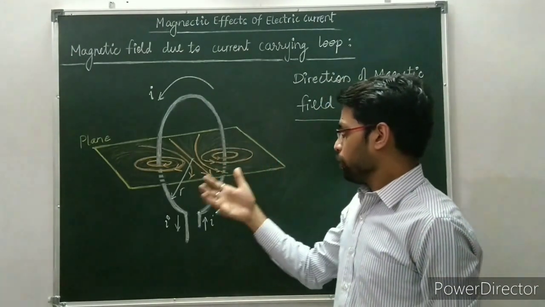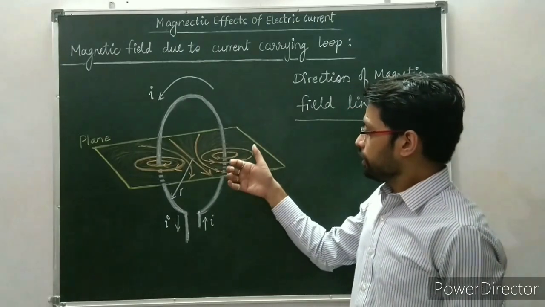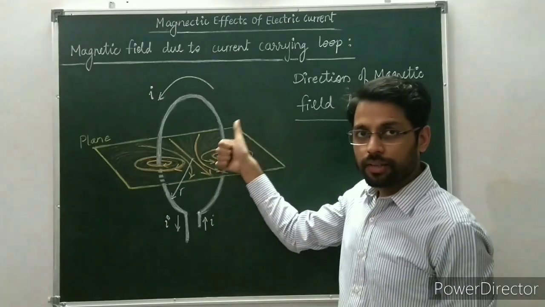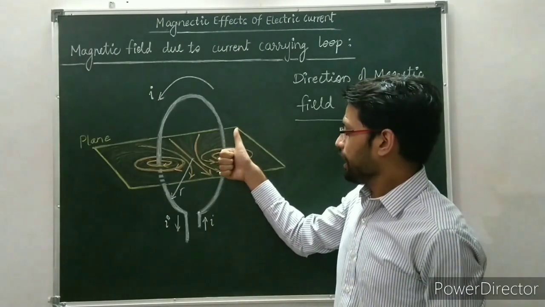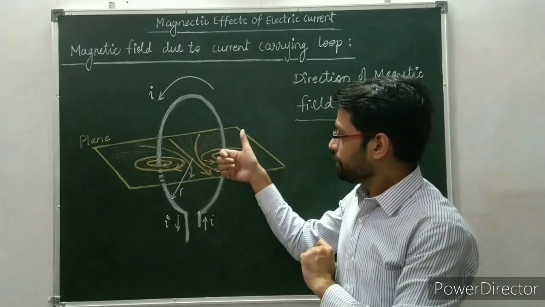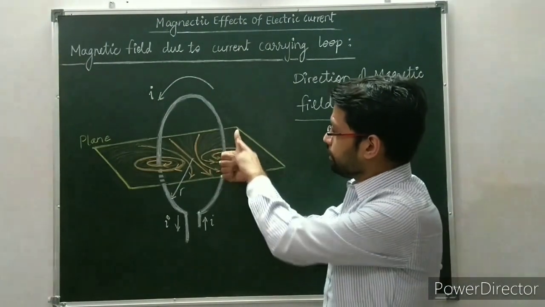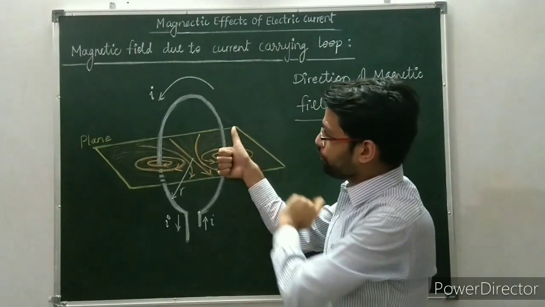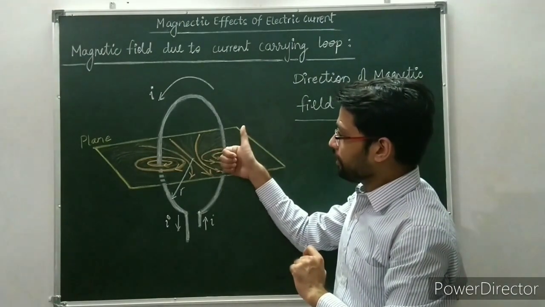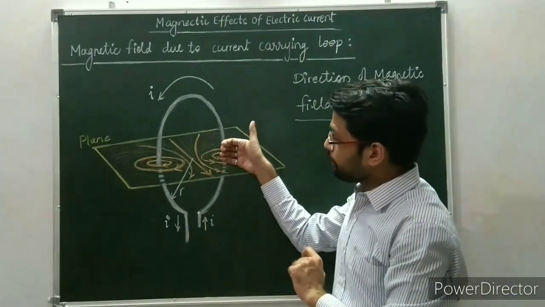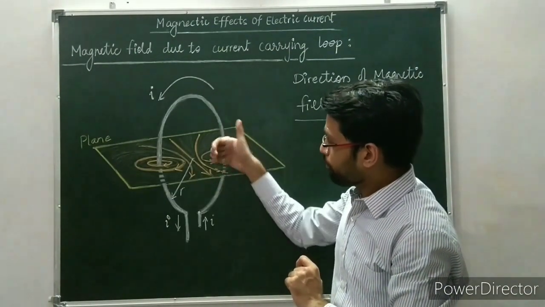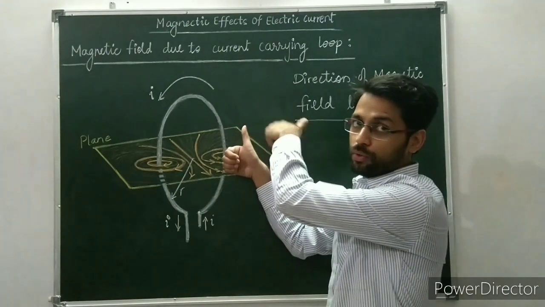According to the right hand thumb rule, imaginarily hold the wire in your right hand in such a way that the thumb is pointing in the direction of current. Then the direction of curling of your remaining fingers gives you the direction of magnetic field here. So the direction of magnetic field is anti-clockwise.